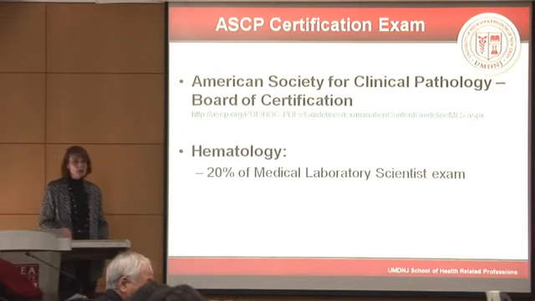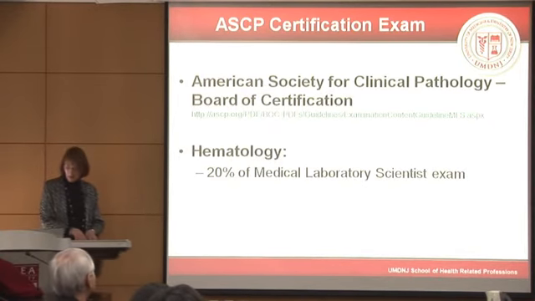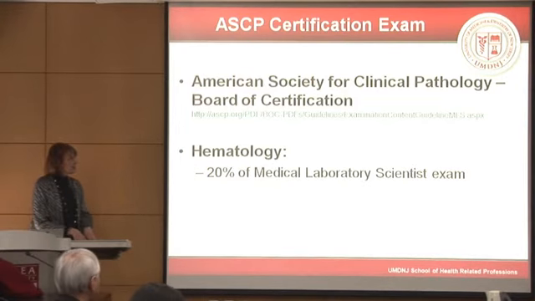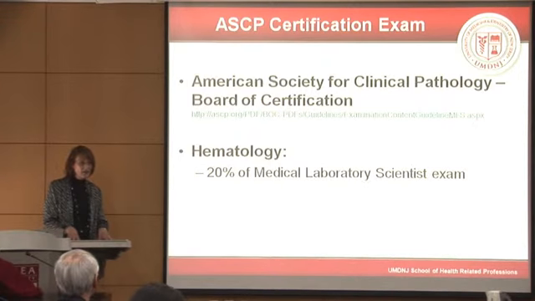Once they graduate from the program, and the program is NACLS accredited, they're eligible to sit for the ASCP exam. The ASCP exam is from the American Society for Clinical Pathology, and recently, there were two certification agencies in the United States, the ASCP and the NCA, which was the National Credentialing Agency.